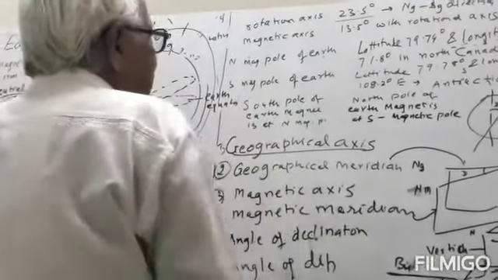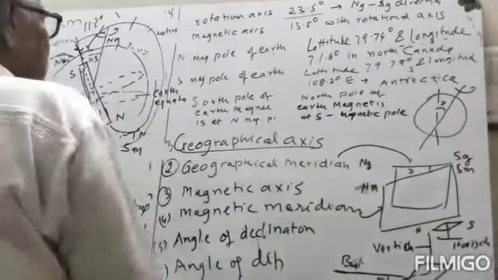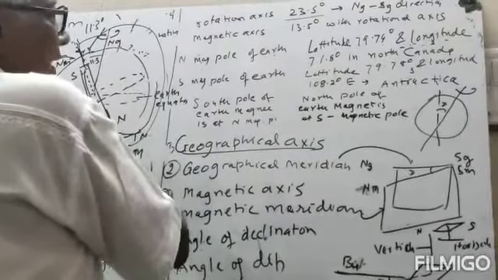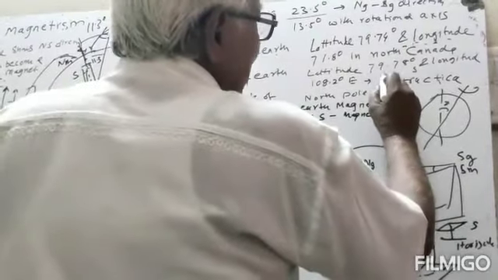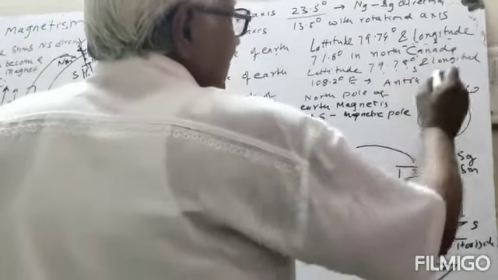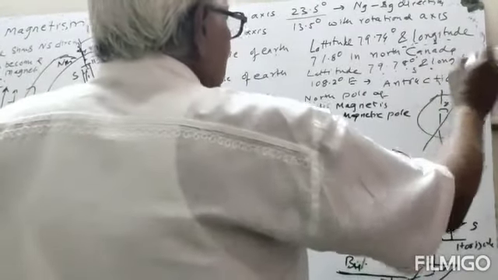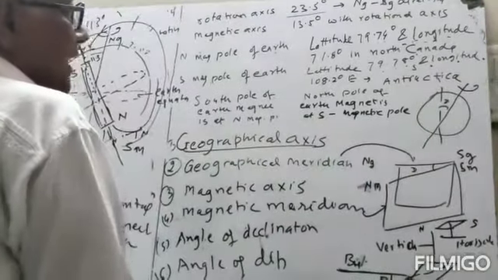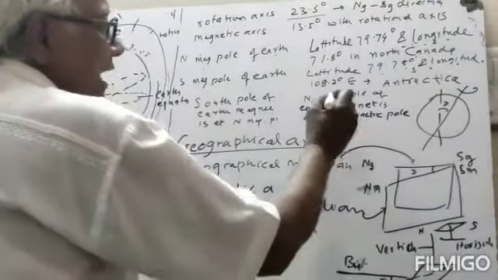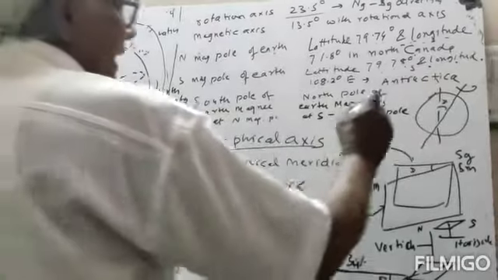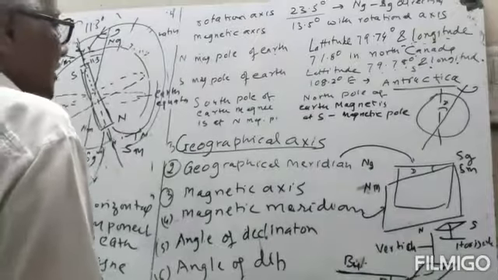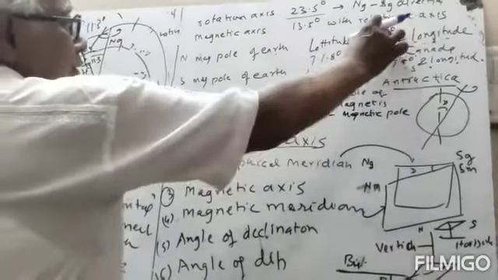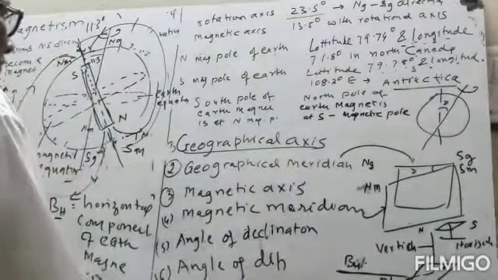Now the magnetic south pole of the magnet is at latitude 79.78 degrees, and the longitude is 108.3 degrees east, and this is at Antarctica, which is in the south. This is in the north, this is at the south.